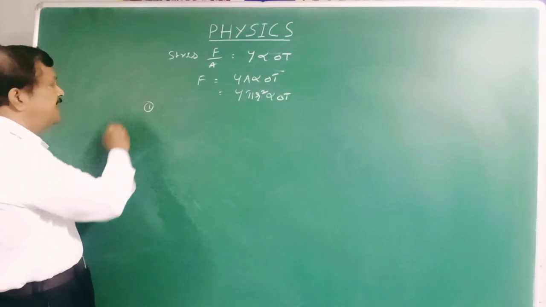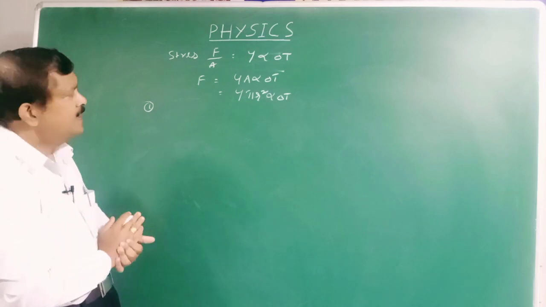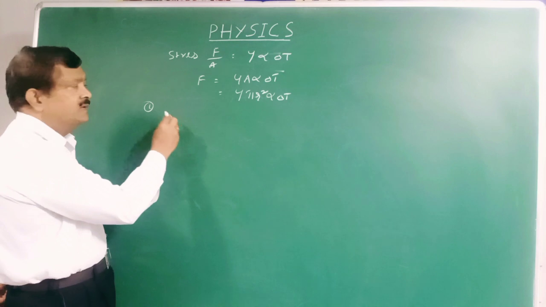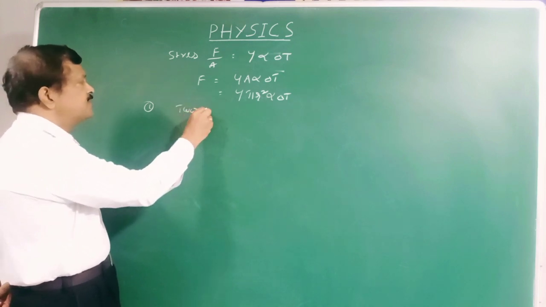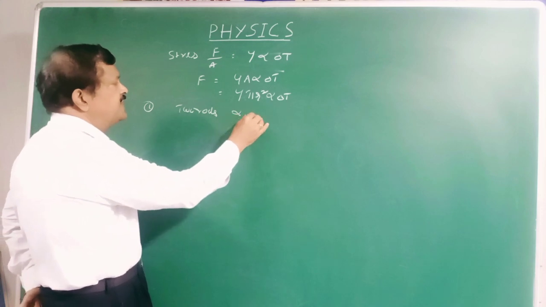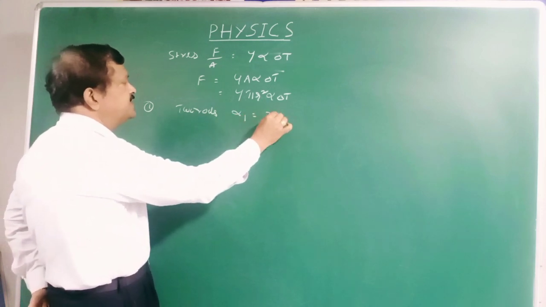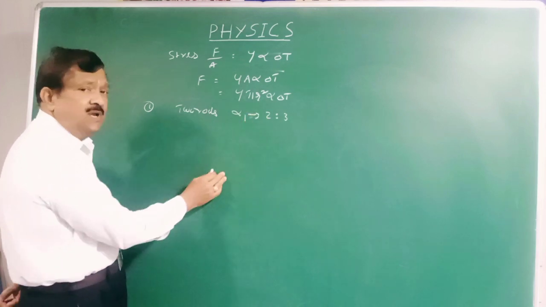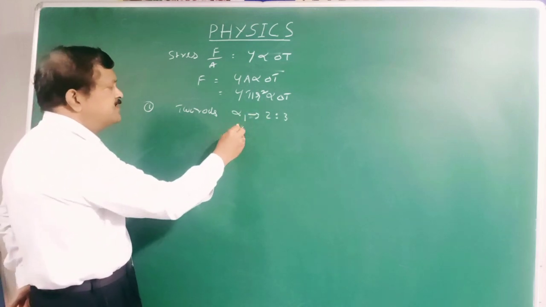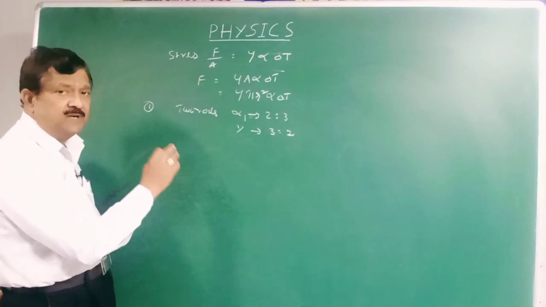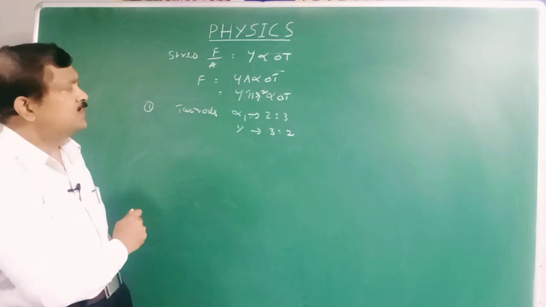Now let us go ahead with some numericals. Let us consider two rods of different materials having their coefficients of expansion in the ratio 2:3. Young's moduli are in the ratio 3:2.